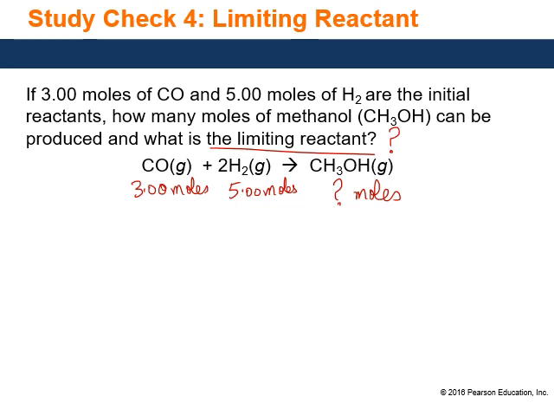How do you know? Whenever the amounts of two reactants are given and the question is asking how much product will be made, the only way to do these questions is you have to convert the first reactant to product, convert the second reactant into product, and figure out which gives you the lesser amount. You cannot make the assumption that because you are starting with a lesser amount of carbon monoxide, it is your limiting reactant.